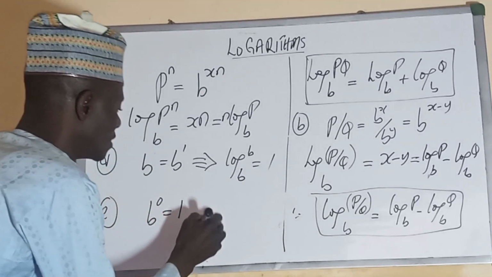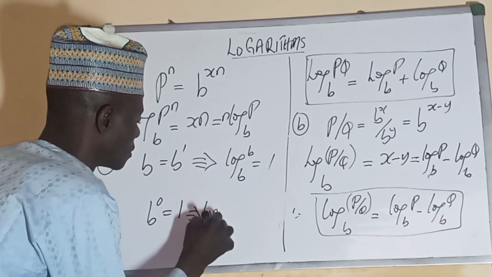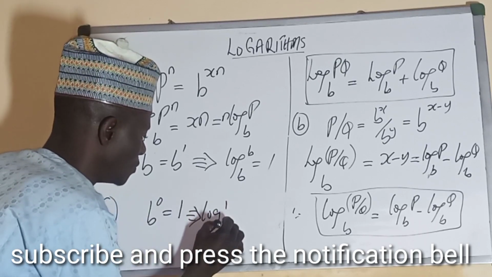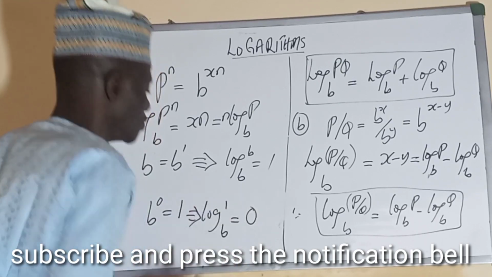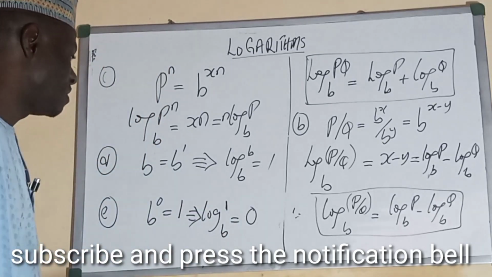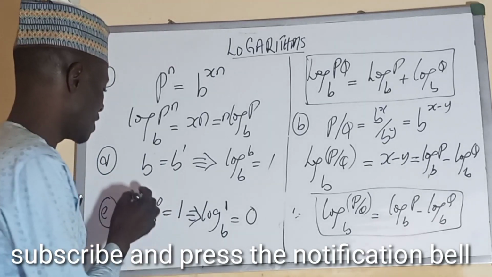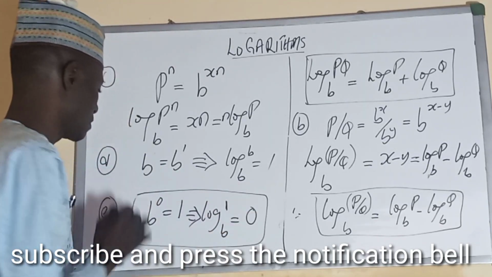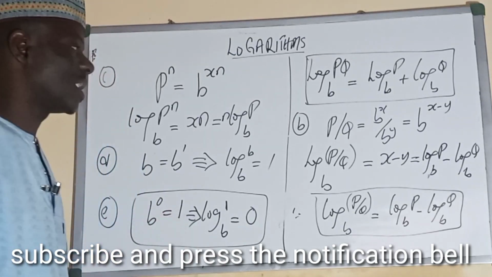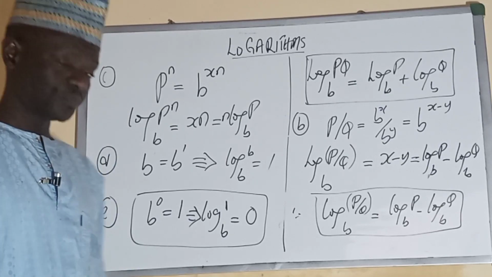So when you take the logarithm of this, log 1 to base b will give us 0. So the logarithm of 1 to any base will give you 0. This is the last law that we have to be applying whenever we are dealing with logarithm.